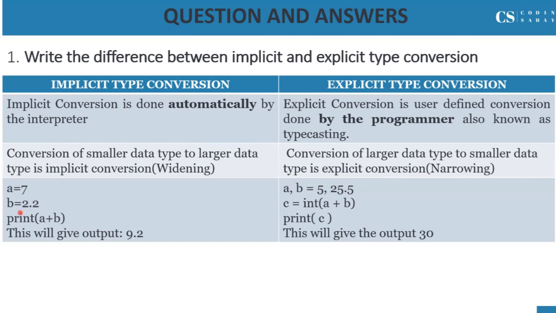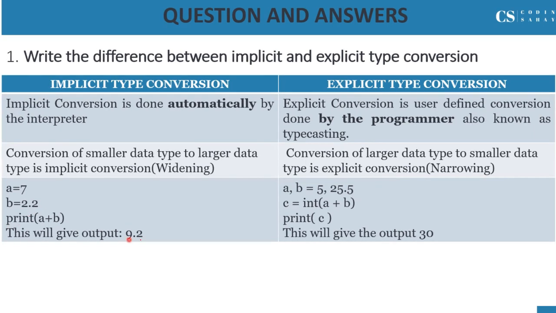Actually here 7 is integer, 2.2 is float, but you are getting the output as float only. 9.2 is again a float data type. So here the type conversion is from integer to float. For explicit type conversion, A comma B equal to 5 comma 25.5 and C is equal to int of A plus B. A plus B gives the answer 30.5, and here C equal to int of A plus B, that means int of 30.5.